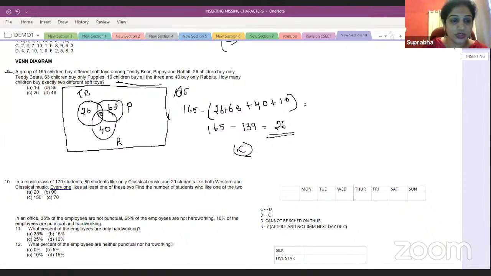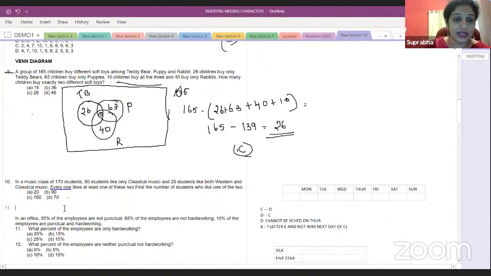Moving on to question number 10. In a music class, there are 170 students. 80 students like classical music, 20 students like both Western and classical. So we don't know how many students like Western over here.